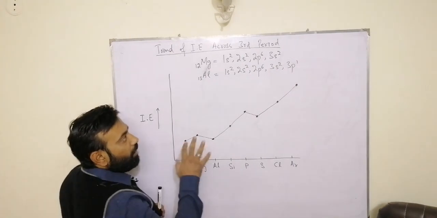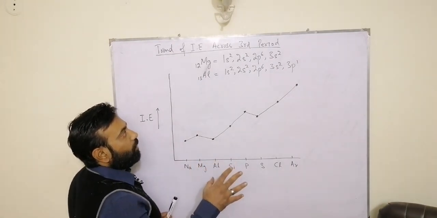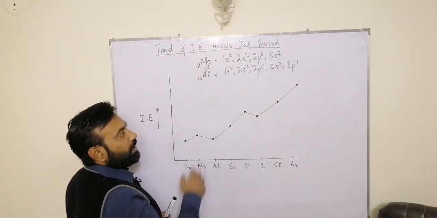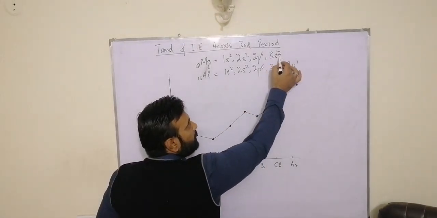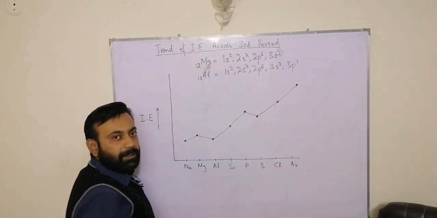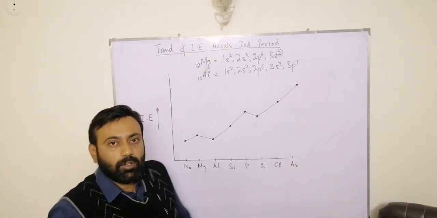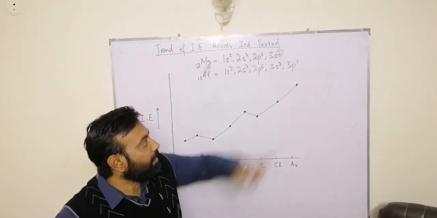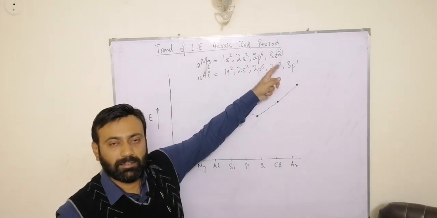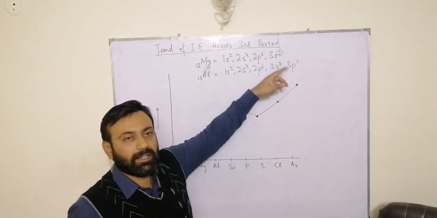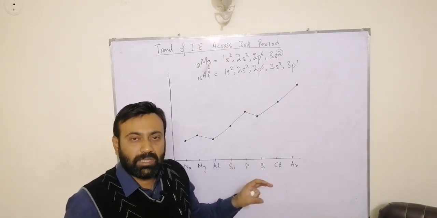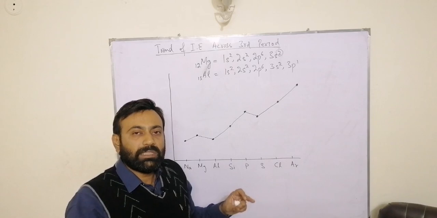When we want to remove an electron from the outermost shell of magnesium, that electron is itself part of this pair. So there is no other pair in that outermost shell to repel this electron. There is only one pair in the outermost shell, and the electron to be removed is a part of that pair.